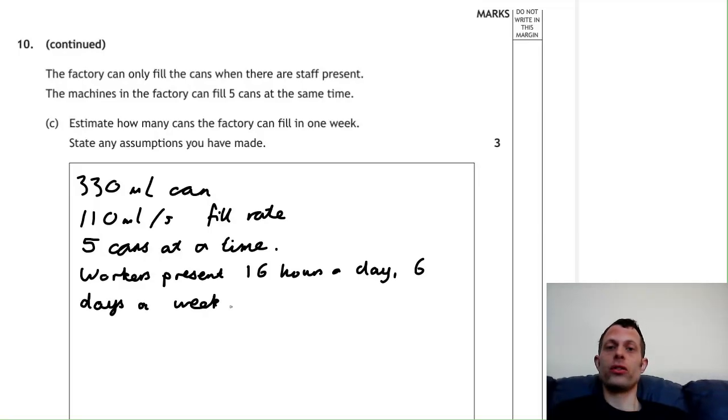There is a range of possibilities you could assume, which would all be fine, because you have to make your own estimation, your own assumptions to make the estimate. The 16 hours a day I've said because I've thought two 8-hour shifts, and then there is no night shift. That could be used for cleaning or maintenance.